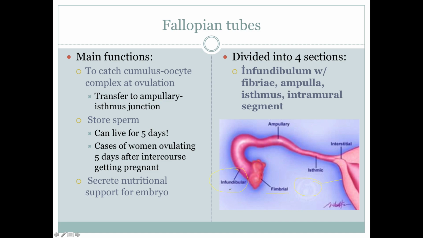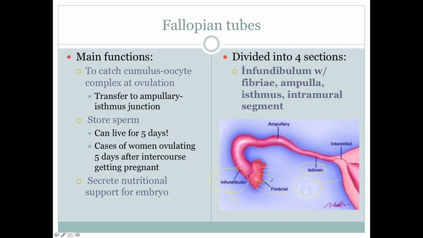Do you remember that? The infundibulum was like the connecting stalk. There are larger connecting stalks too, called isthmus portions. This is the isthmic portion. So the fimbriae are fingers, and there's a lot of cilia there. In the infundibulum, there's a lot of cilia in this area.